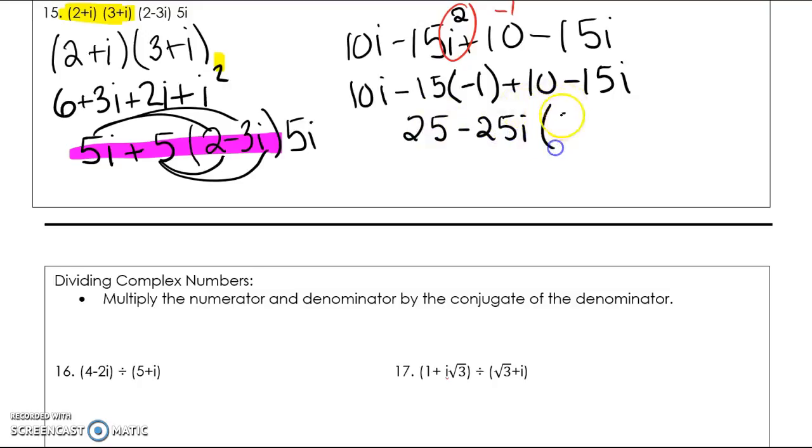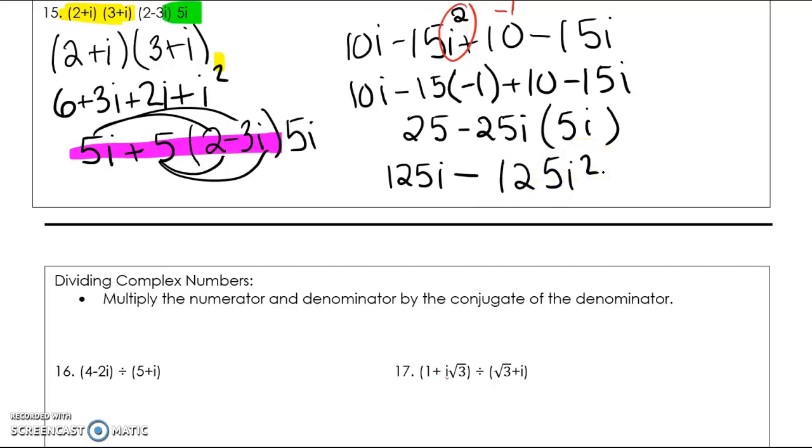And now I still need to do the final portion, which is to multiply it by the 5i. So finishing this on up, 25 times 5 is going to be 125. So I get 125i minus 125i squared.